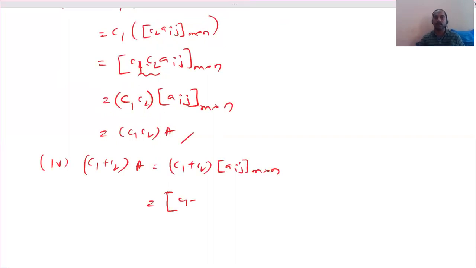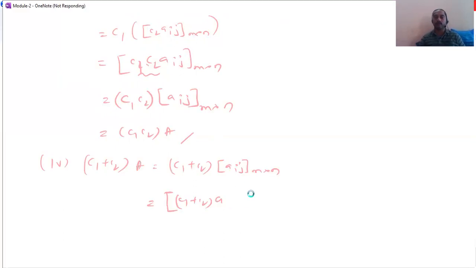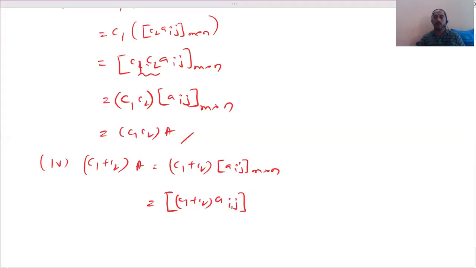C1 plus C2 multiplied with each entry. Now inside, observe that we have two scalars, which is written as C1 a_ij plus C2 a_ij, M by N.